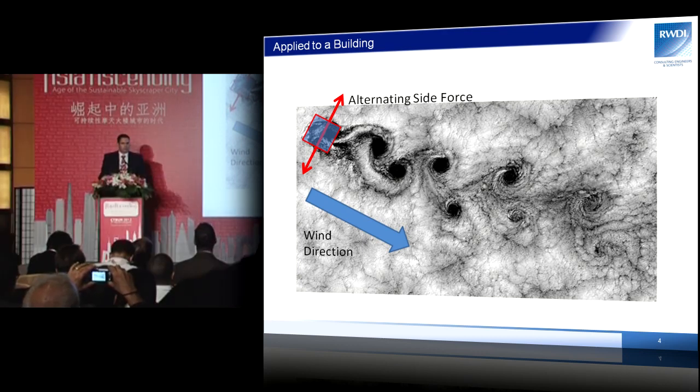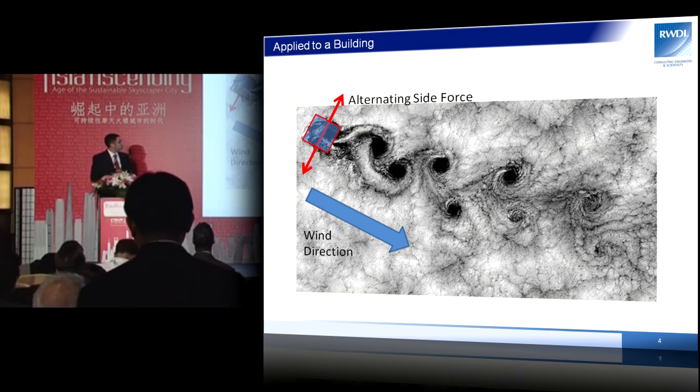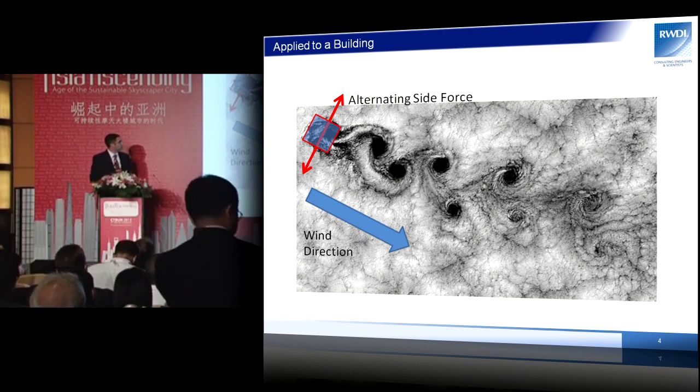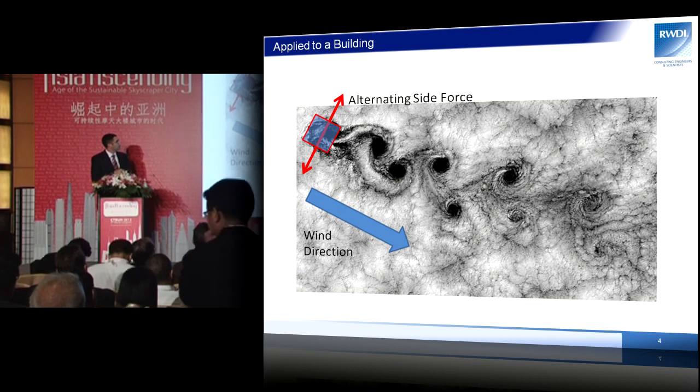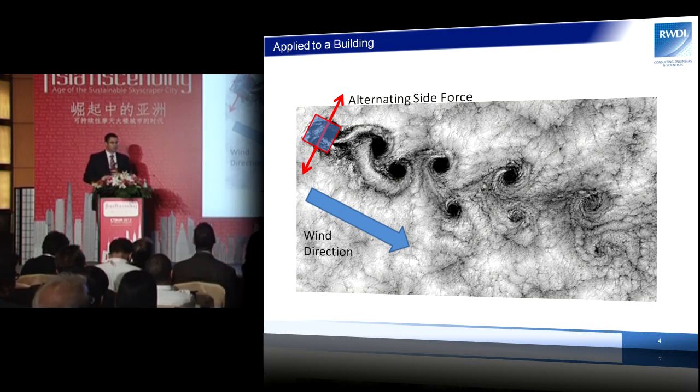a building in the place of the mountain, then say we have a simple building shaped as a square, and the wind is flowing more or less from left to right in this picture, then we see that these vortices form. The vortices form in these circular patterns, and really, as far as the building is concerned, it's the formation of those vortices in the immediate wake of the building that matters.